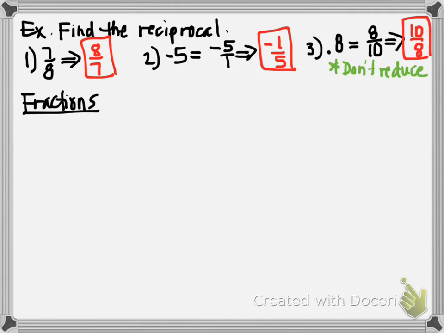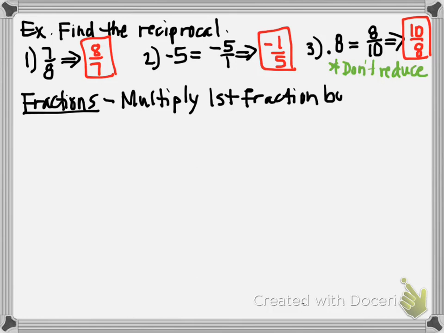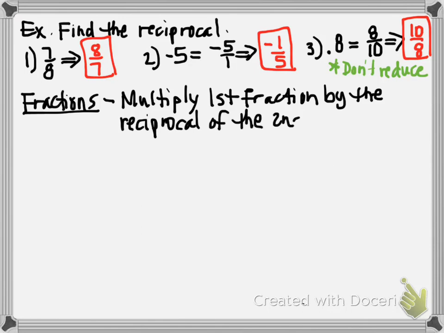What you're going to do is multiply the first fraction by the reciprocal of the second fraction. And remember to reduce the answer to lowest terms.